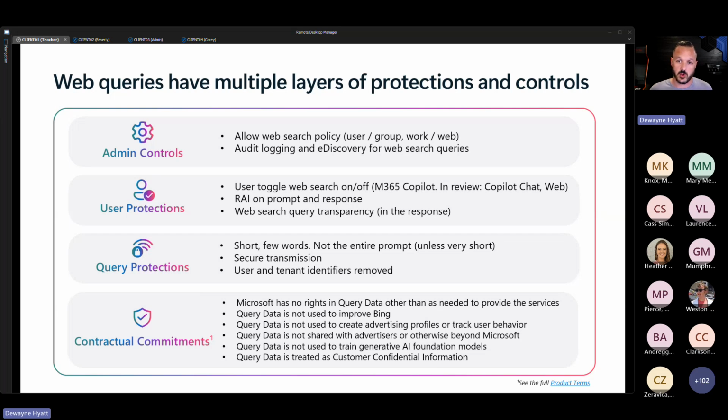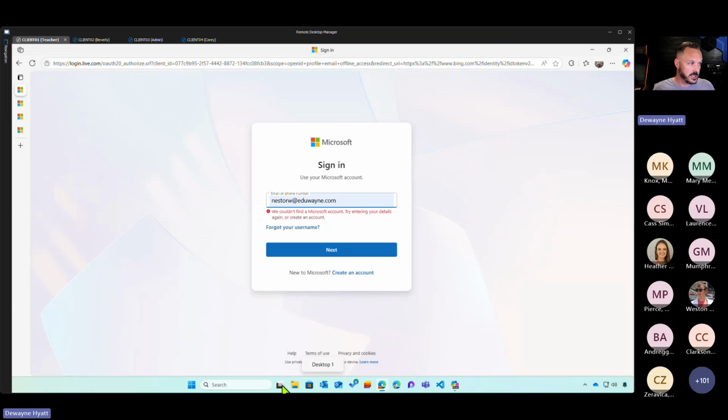That is a consumer thing. And those products have product terms. Microsoft updated the product terms of when Copilot engages Bing to effectively mirror what we say over enterprise data protection. So I have a website for that, and I'll throw it in the chat for everybody.